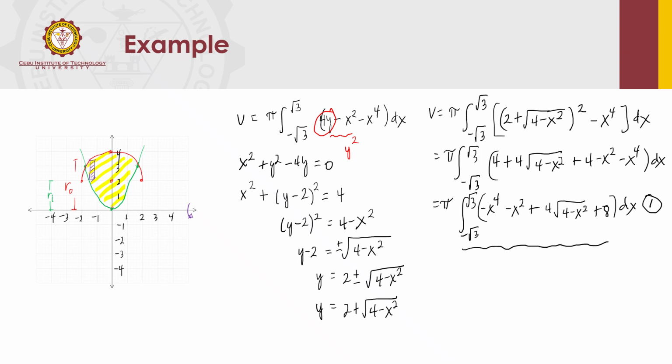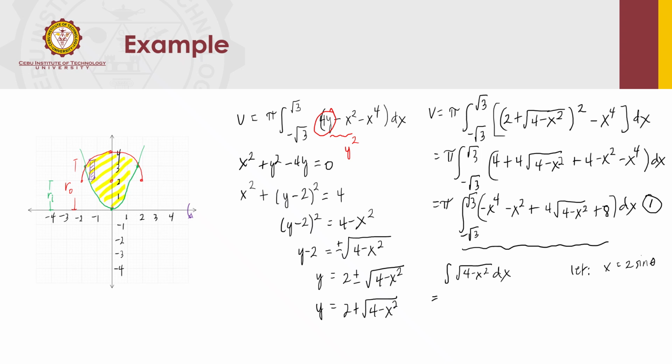So let's focus first on the square root of 4 minus x squared dx. And to review on trigonometric substitution, since it's in the form a squared minus u squared, we let u, which is x, be equal to a sine theta, or that's 2 sine theta.